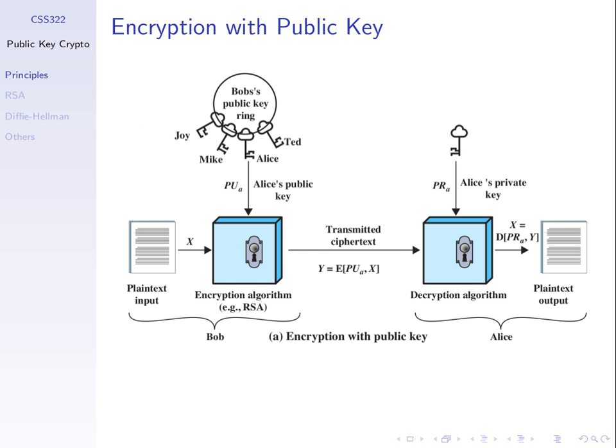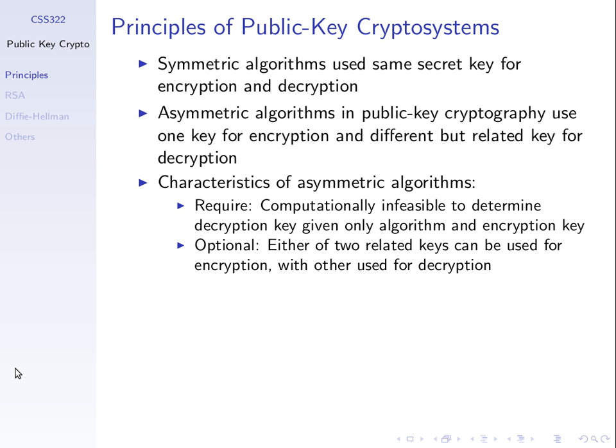But one requirement of the algorithm must be that it is too hard to determine one key from the other. And we'll see, for example, when we get to RSA, one such algorithm, that to determine one key from the other, you need to solve those computationally hard problems that we mentioned at the end of the last topic. That's what they'll rely on. If the attacker could do that, then everything falls down.